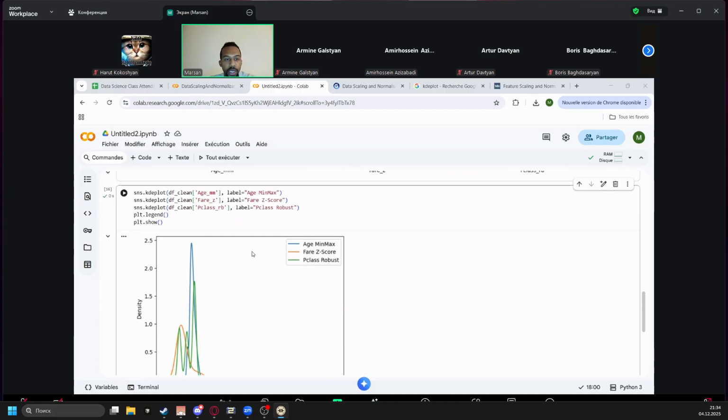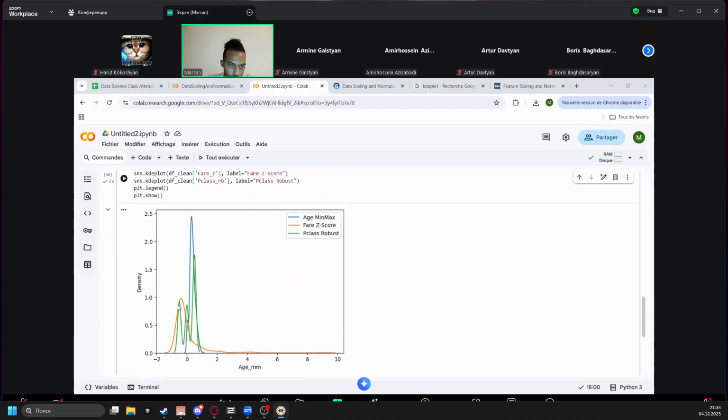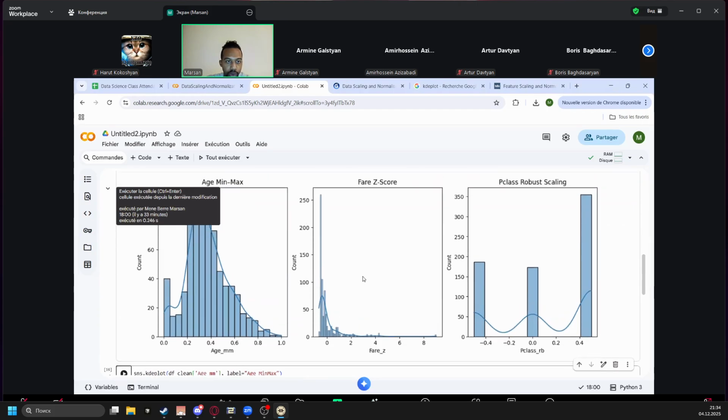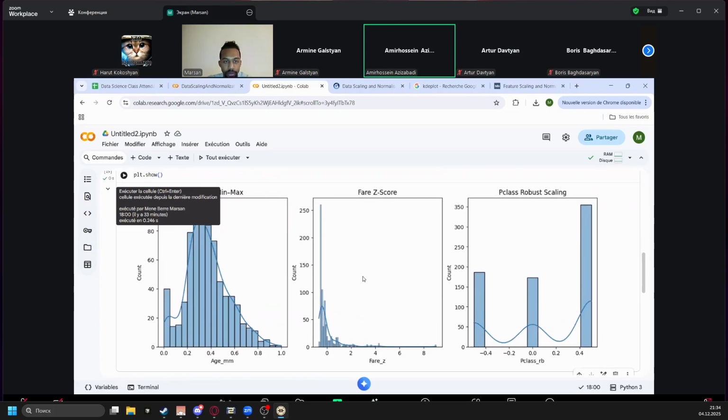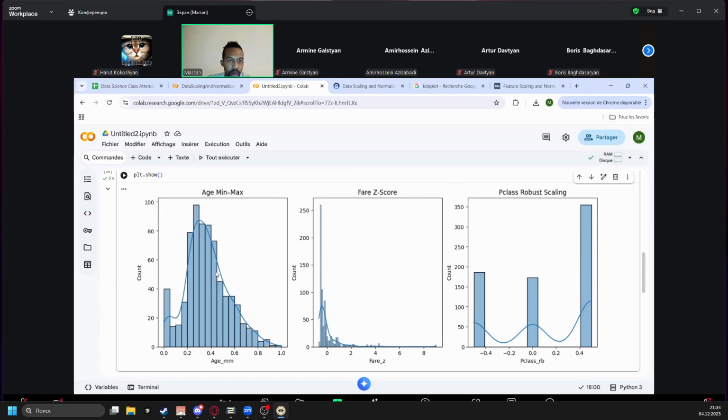You have the three bars, yes, exactly. But what you need to remember is that for the min-max age, so first of all, we had some ages.